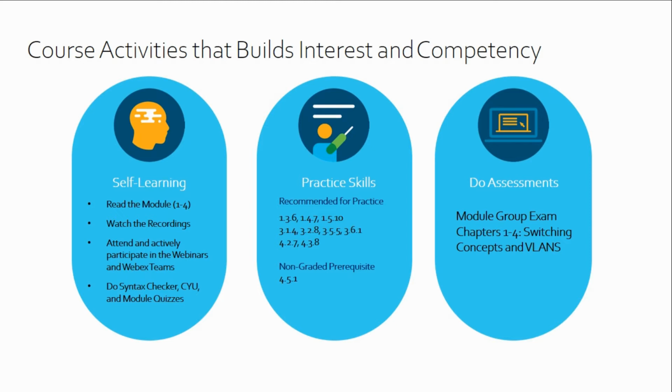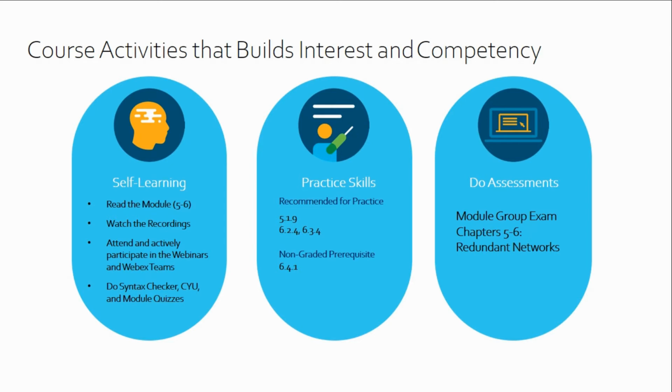This module group exam will not be activated unless you finish the 4.5.1 Packet Tracer activity, the non-graded prerequisite. So again, I will repeat: you need to perform first the non-graded prerequisite so that you can do the assessment, particularly the module group exam. That is the first part, or the first topics that you need to do.